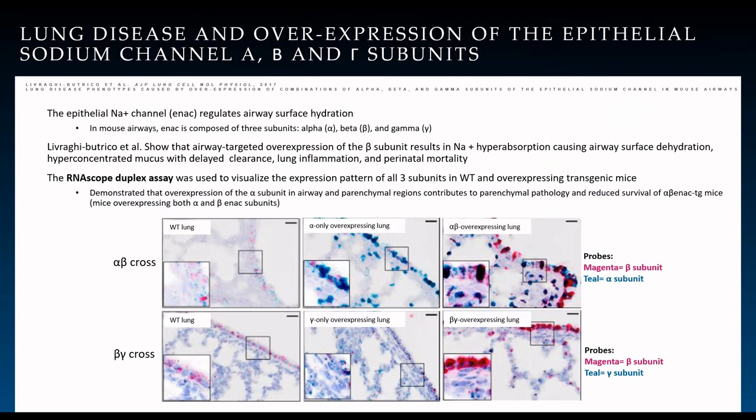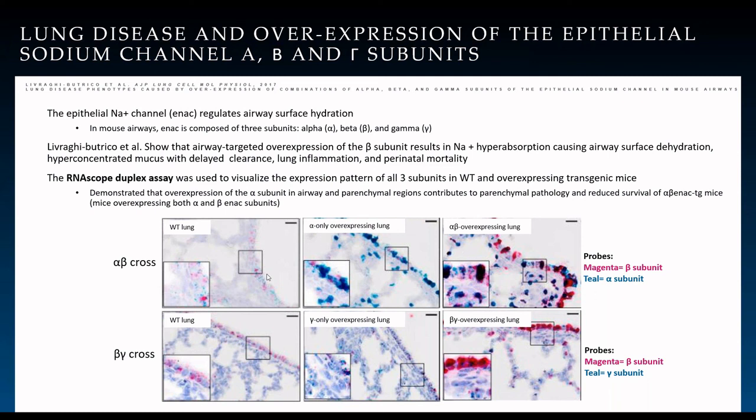Next, we have an example where these researchers were studying the role of epithelial sodium channels in the respiratory tract. Now, the epithelial sodium channel is expressed in different cells of the respiratory tract, and they were studying the role of the alpha, beta, and gamma subunits that make up this channel, since this is implicated in a number of lung disorders that are triggered by lung inflammation.